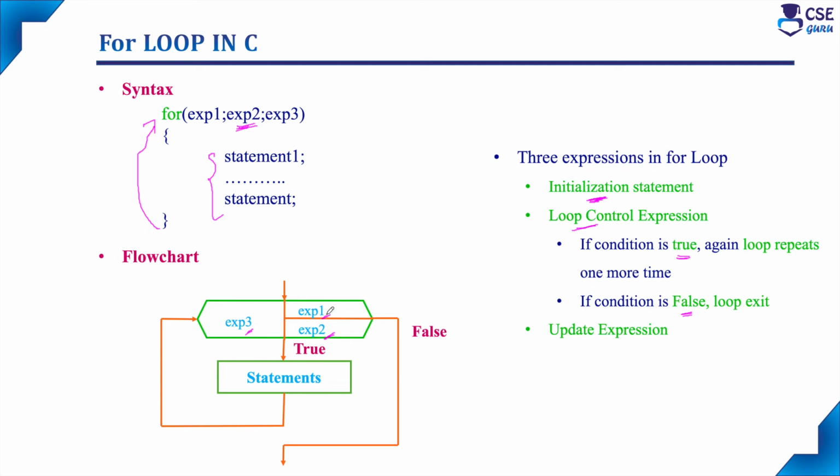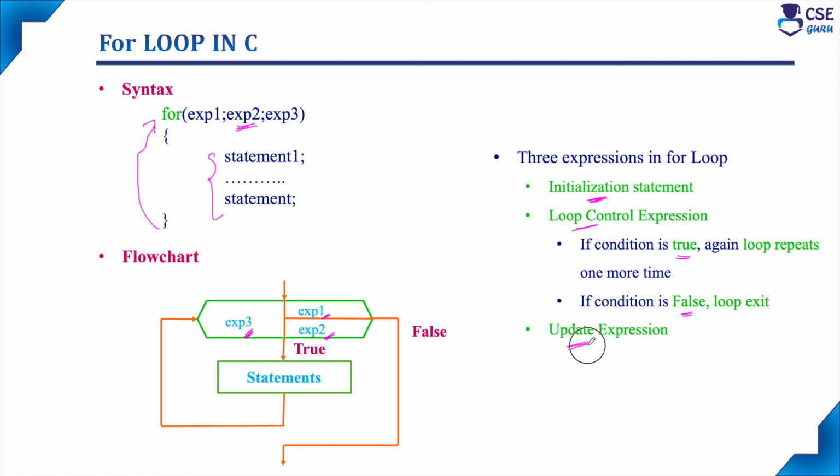Initially in the starting of the for loop, variable value will get initialized, and immediately after initialization loop control expression will be tested. If the loop control expression is evaluated to true, then the body of the loop will execute. After executing the body of the loop, at the end of the body of the loop, we need to use this expression 3. So this expression 3 is nothing but the update expression.